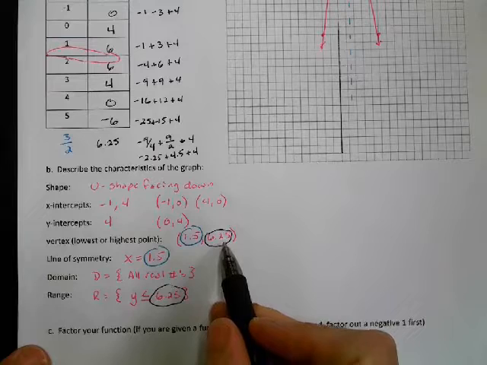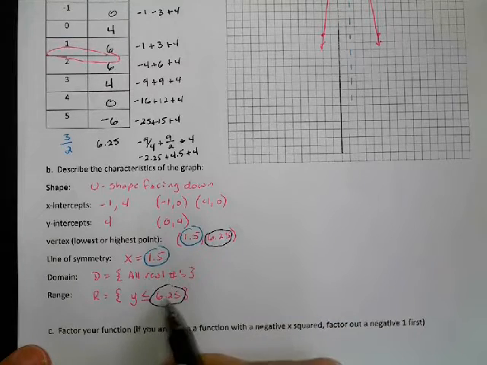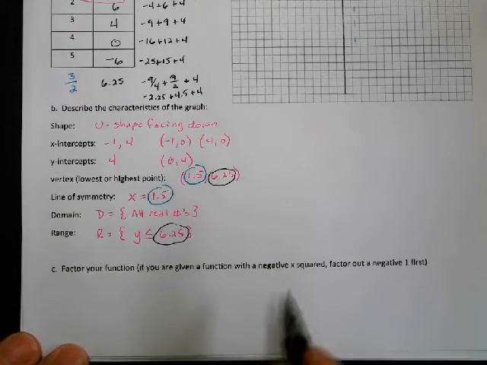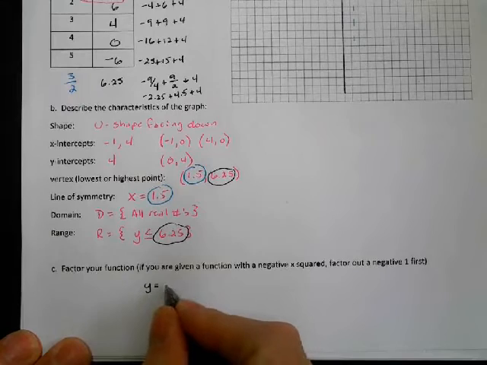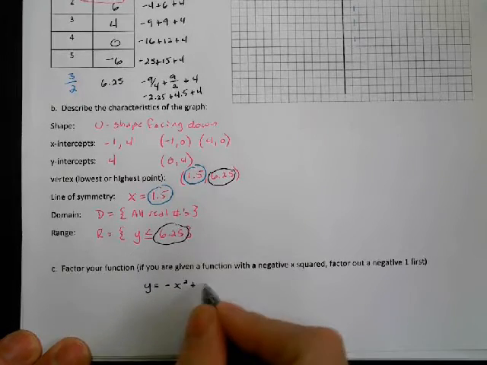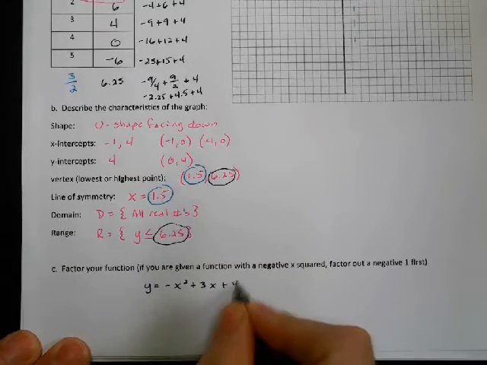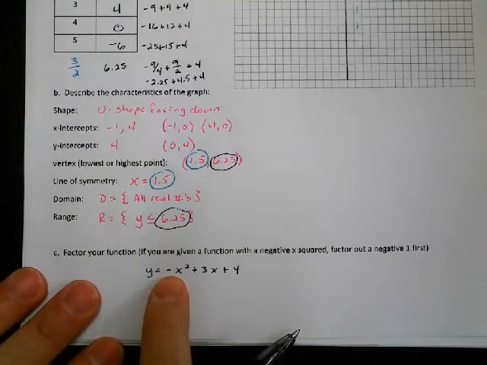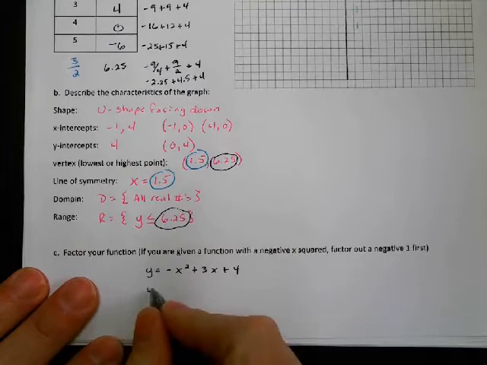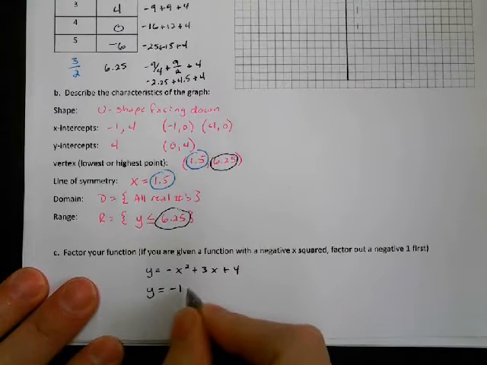Now, if I factor this one, let's look at this real quick. If I factor y equals negative x squared plus 3x plus 4, for factoring this one, you don't want to factor when the x is negative. So I'm going to factor out a -1. So this is going to be -1. This would change into positive x squared, negative 3x, and -4.